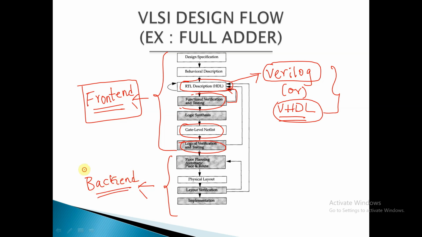So in VLSI also we have two phases. One is front end and another is backend. Backend also has separate tools for it, and the layout design, everything we have. And for front end, we have different tools, and we use Verilog or VHDL. So this is about VLSI design for front end and backend. So up to here, is it clear for everyone? Shall we move forward? Yes, sir.